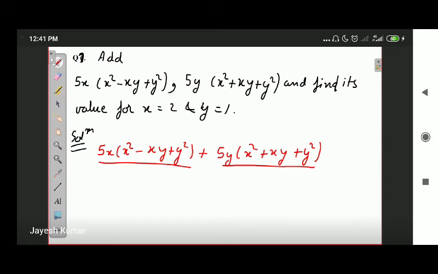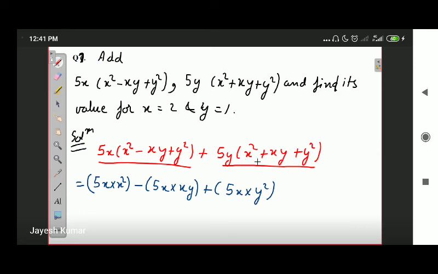So for the first term, we will simplify it as 5x multiplied with x square will be 5x into x square, minus, because of this sign, minus 5x into xy, plus 5x into y square. So this is the expansion of the first term.